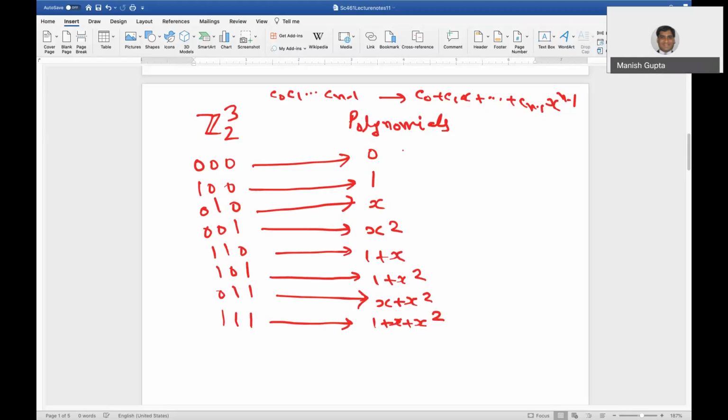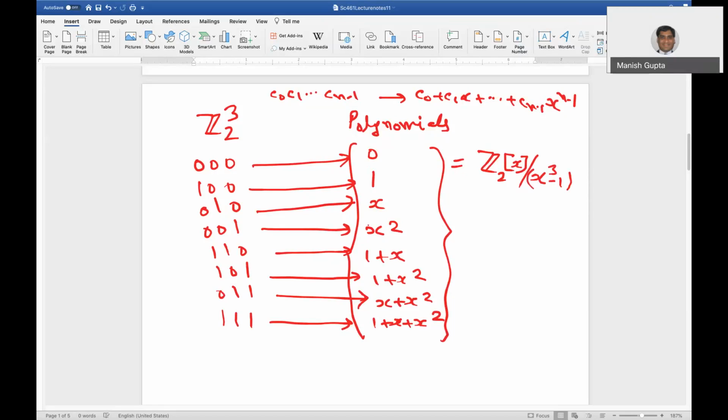So this collection is denoted by a notation, Z2[x] modulo x cube minus 1.